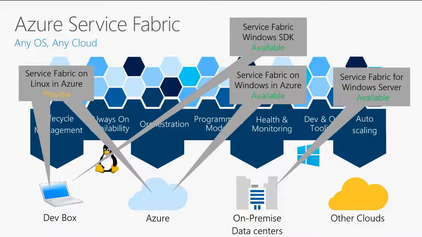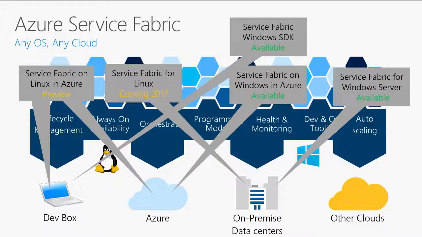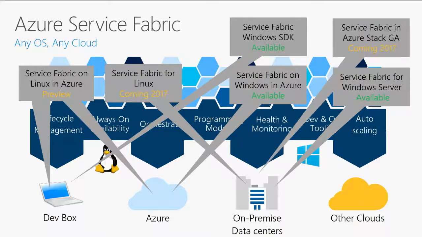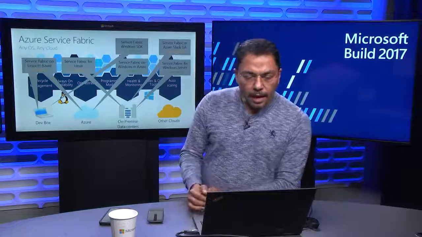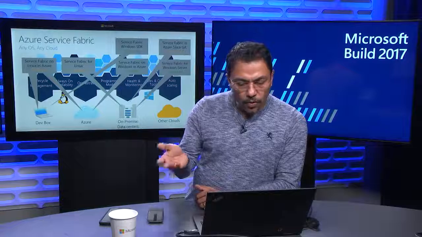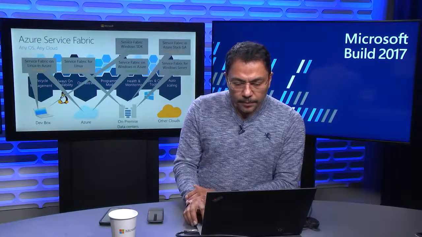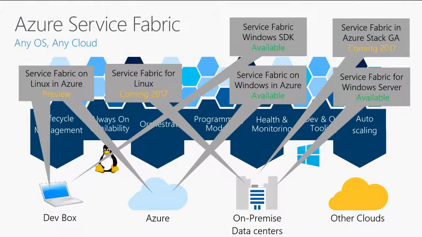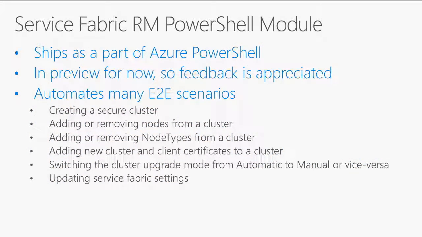One is Service Fabric Linux in Azure, and pretty soon we'll release the standalone version of Service Fabric on Linux. And we're also a part of the core Azure Stack as well, so we'll be a part of the core ring itself. So that's coming. Let me go on to the real meat of our talk today.